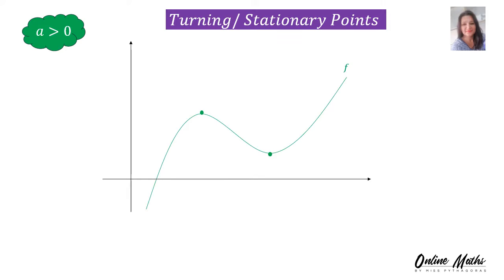Then you will see that at the turning point or the stationary point, there's your tangent, and the gradient of the tangent at that point is exactly 0. And can you remember from the first course where you find the gradient when you find the derivative? So now we will find the derivative equal to 0 when we find the turning point or the stationary point.